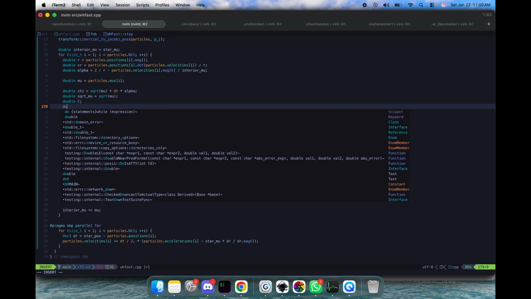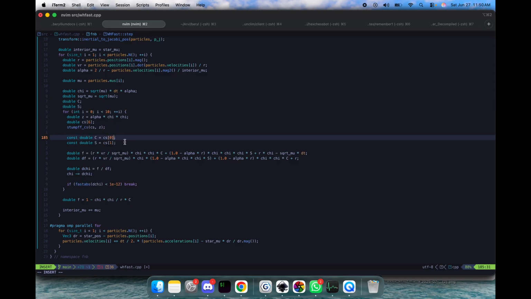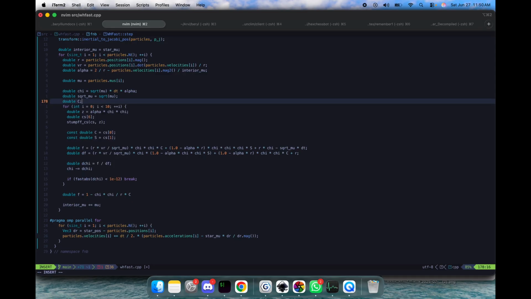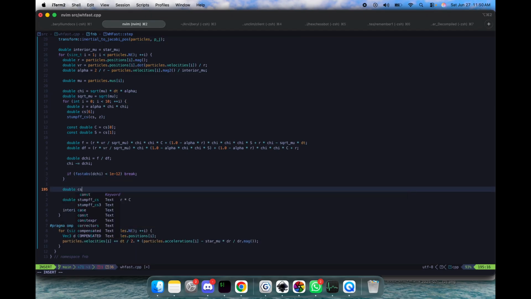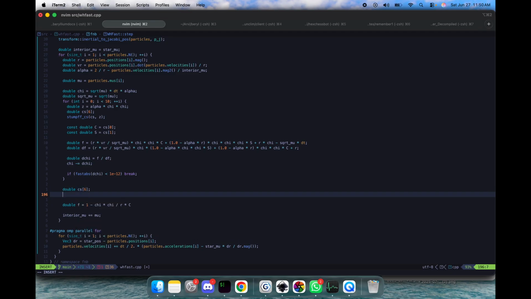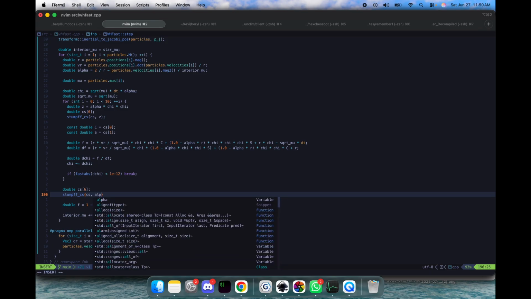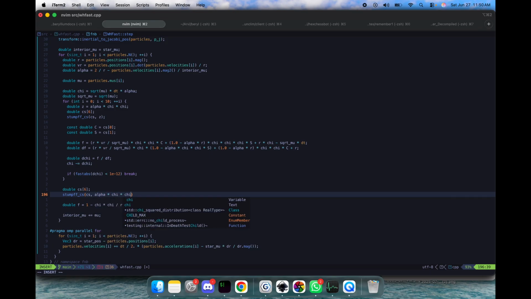Double C and double S. And so if I do double CS, CS6, and call our Stumpf CS Stumpf function, CS with alpha times chi.